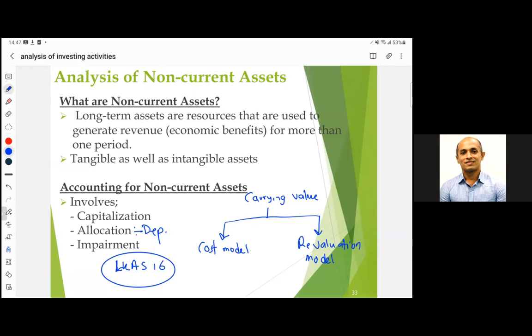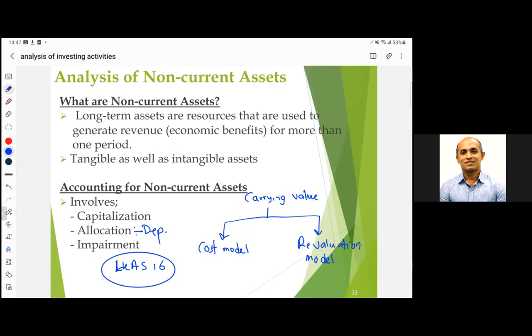Right. So that's the first thing you should do. When you analyze property, plant and equipment, you see whether the LKS 16 has been applied.